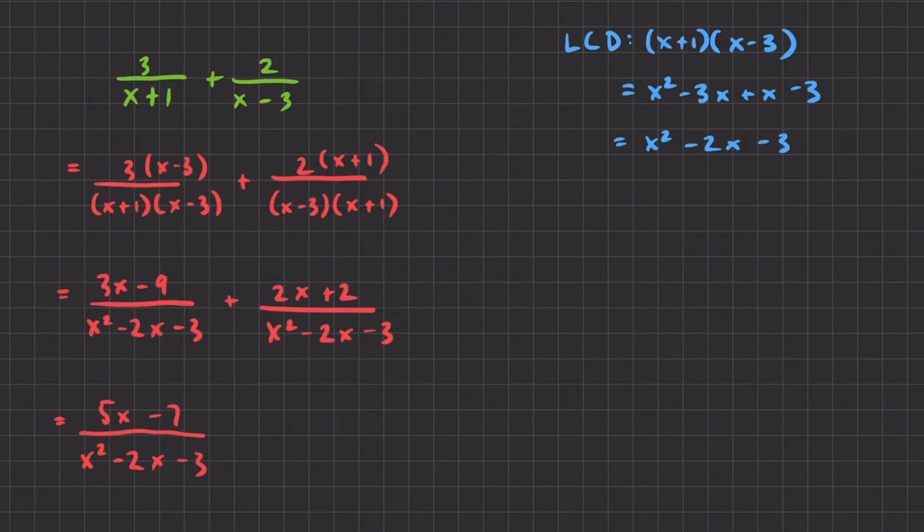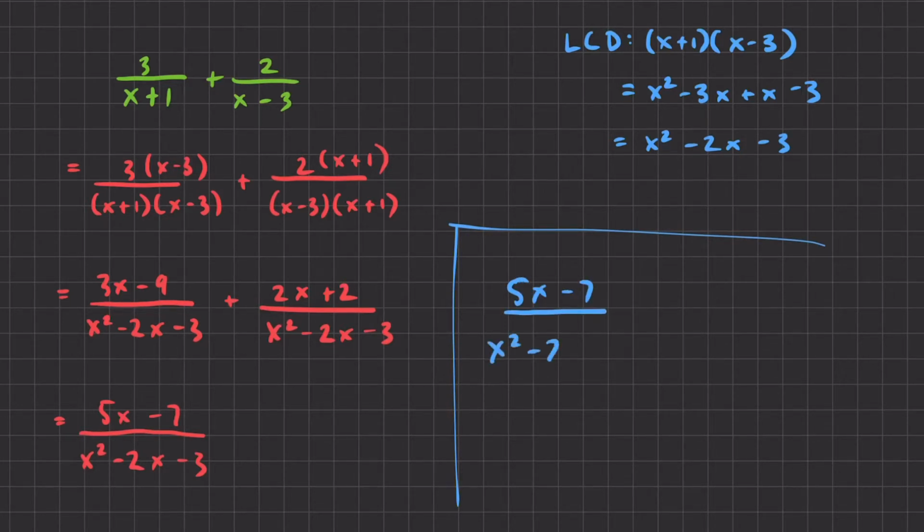So, just to be clear, what we've shown is that 5x minus 7 all over x squared minus 2x minus 3 is equal to 3 over x plus 1 plus 2 over x minus 3.